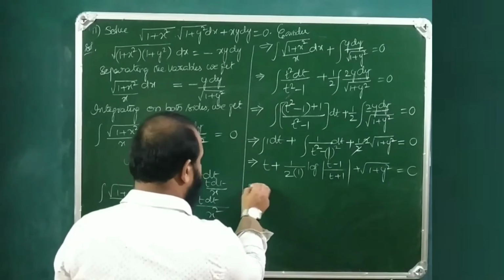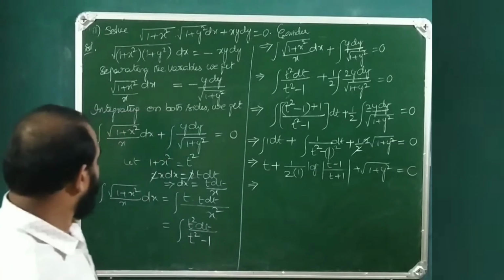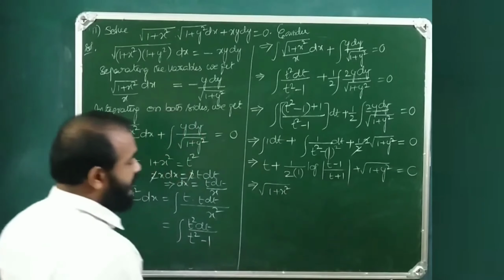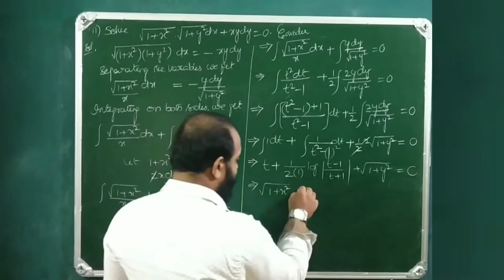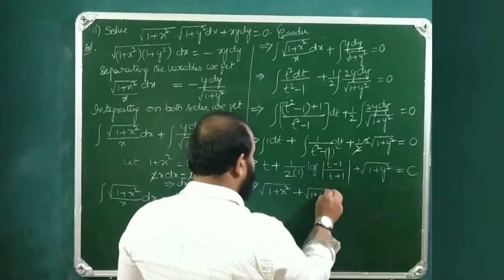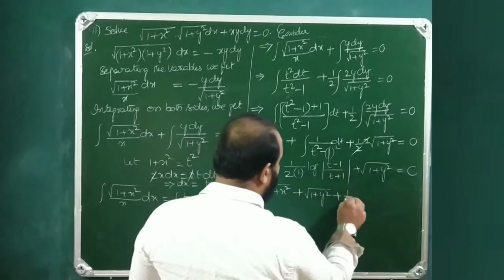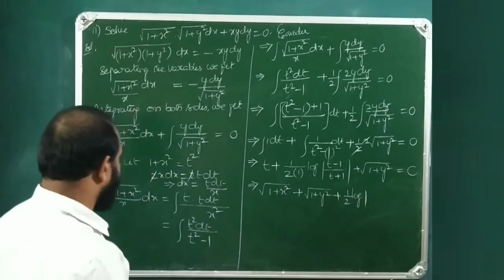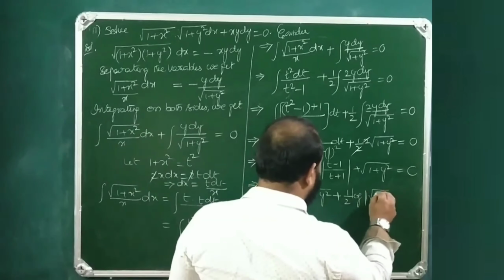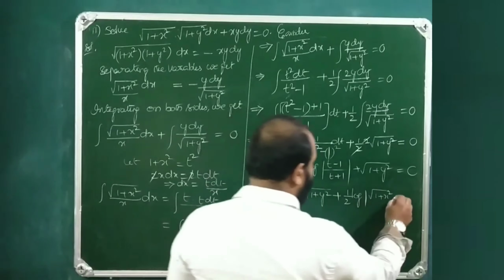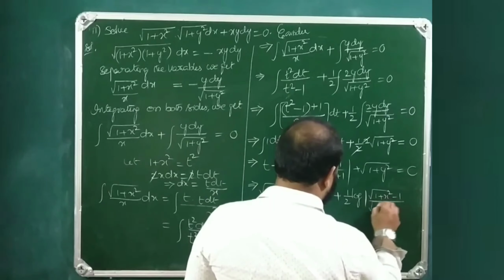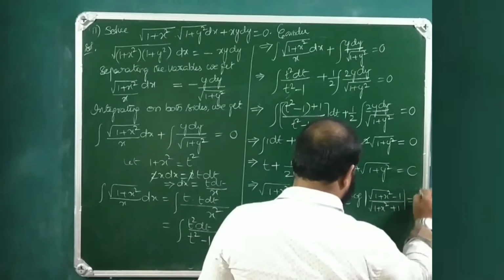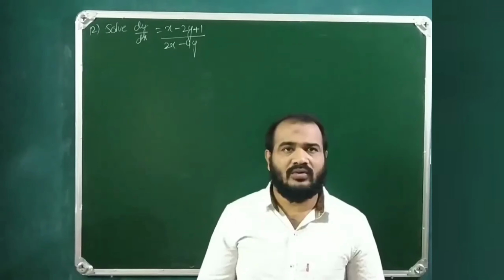Now this is equal to: what is the t value? √(1+x²). So √(1+x²) plus √(1+y²) plus 1 by 2 log((√(1+x²)-1) by (√(1+x²)+1)) is equal to C, which is the required solution.